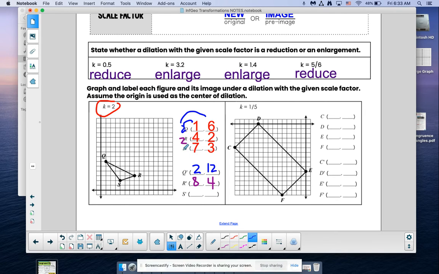And then 2 times 7 is 14, 2 times 3 is 6. And now we just plot them. So Q should be at 2, 12. That's Q.